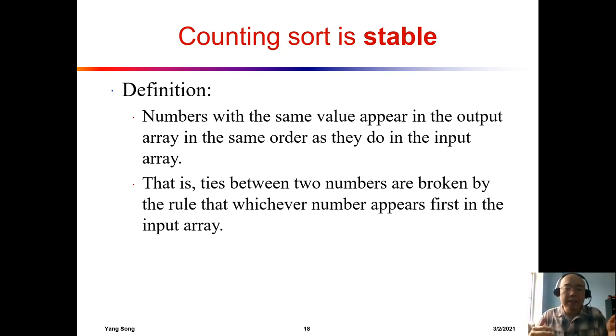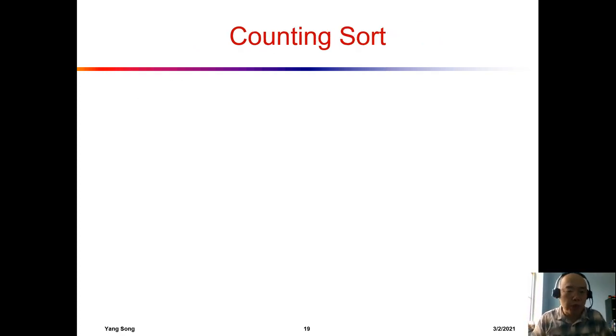And that is important. This means the counting sort is a stable sorting algorithm. In other words, if there is a tie of 2 values in the original list, then the tie will be broken based on whichever value appears first. So counting sort is a stable sorting algorithm.